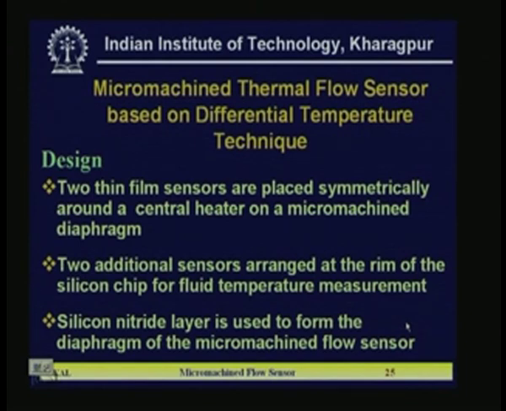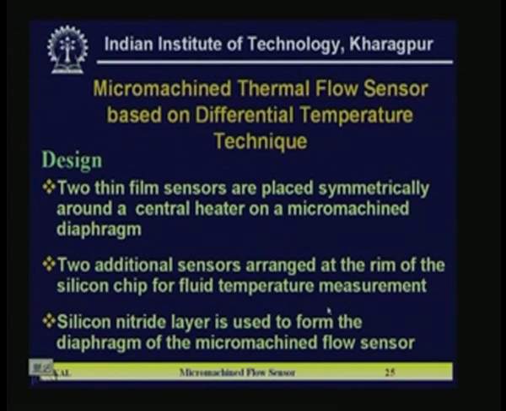The second one is the differential temperature technique. In this particular case, two thin film sensors are placed symmetrically around the central heater on a micromachined diaphragm. Two additional sensors are arranged at the rim of the silicon chip for fluid temperature measurement.